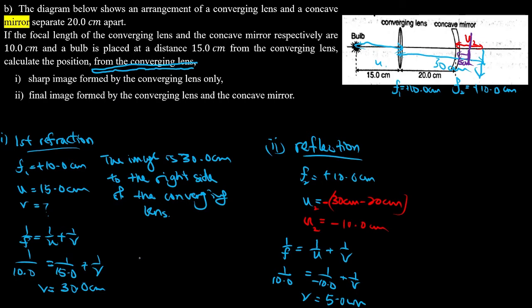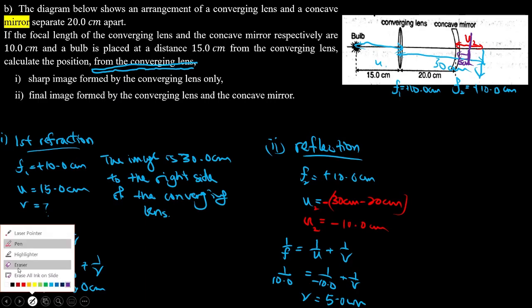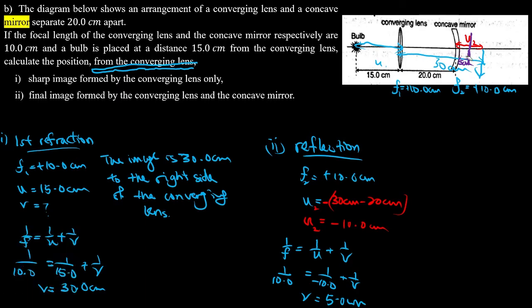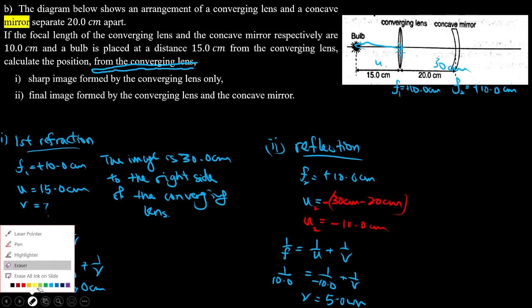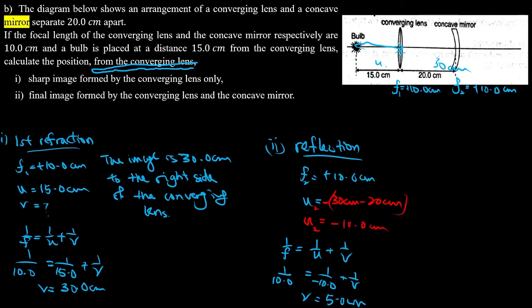Sorry, it's not here, I'm wrong. It's a real image. So the final image is here, 5 cm from the concave mirror, a real image, somewhere here. This one is 5 cm.